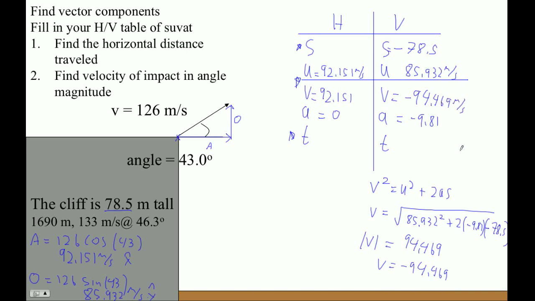And then let's see, okay, now we can find time. We can use v equals u plus at. So negative 94.469 equals 85.932 plus negative 9.81 times t.